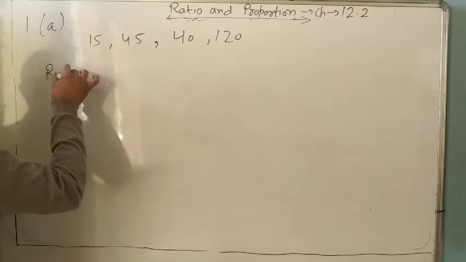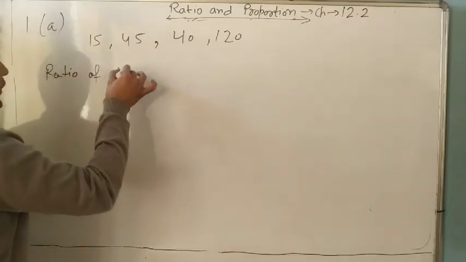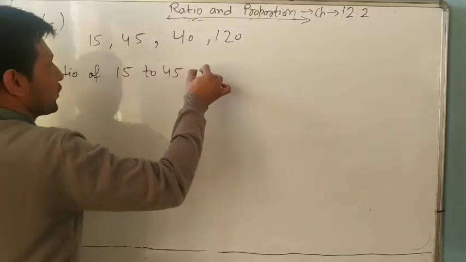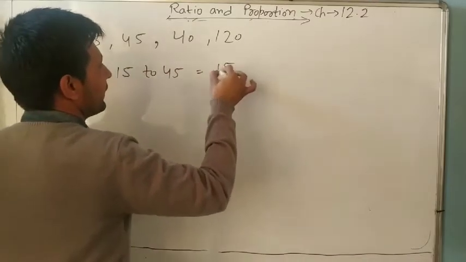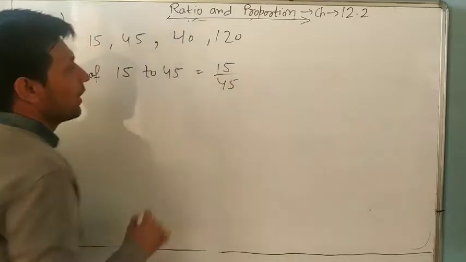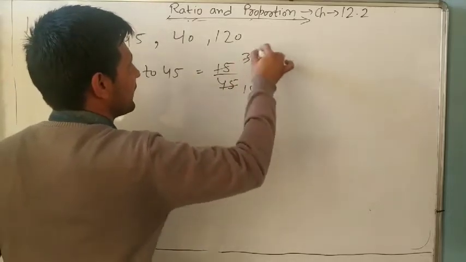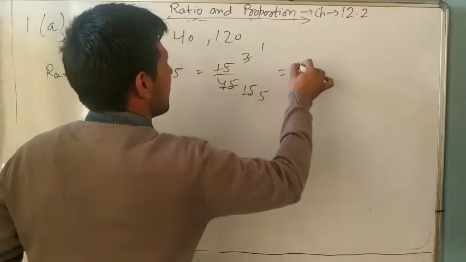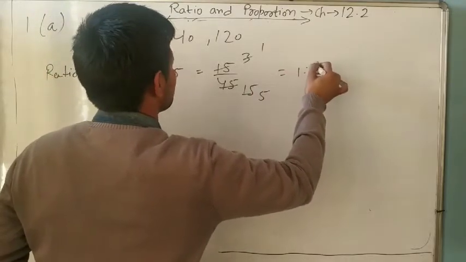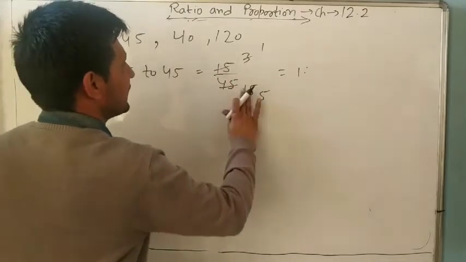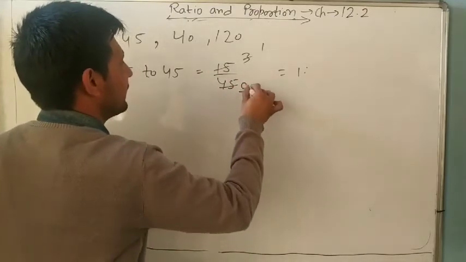Write the ratio of 15 to 45. 15 divided by 45: 15 divided by 15 is 1, and 45 divided by 15 is 3.